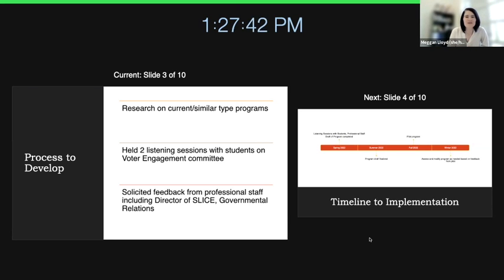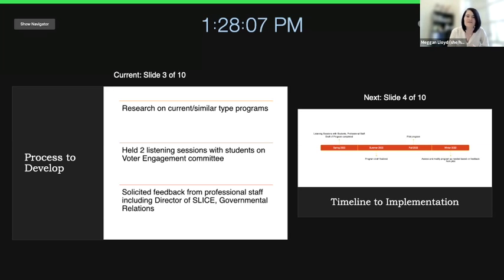I started by benchmarking current, similar types of voter ambassador programs that existed. From there, I also held 2 listening sessions with that core group of students currently serving on our strategic planning committee, and bounced some ideas back and forth with them. We really prototyped this idea to see what would be helpful and what incentives they feel would be useful for students.